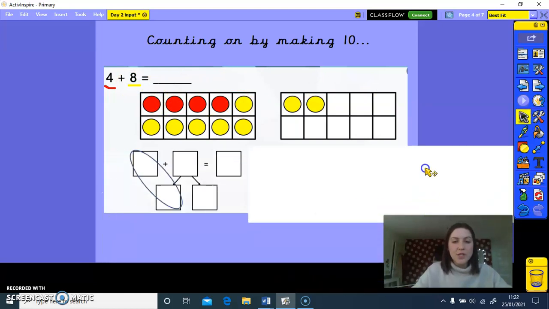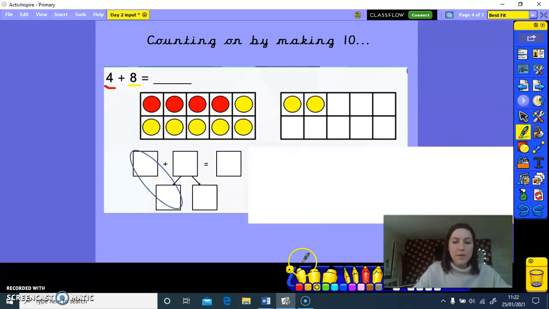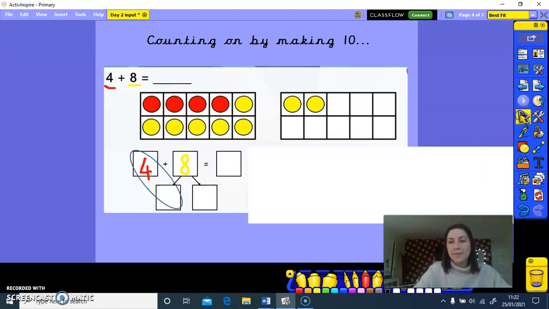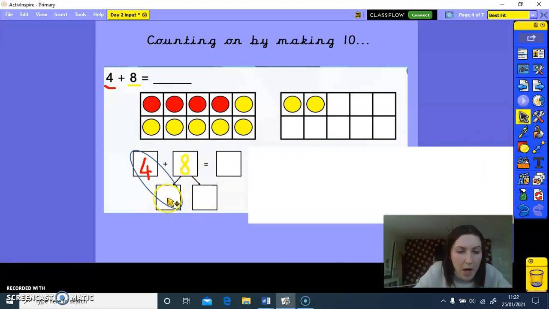So first of all, we just fill in this like we would normally. So my 4 will go first. I'm going to do it in red to help me remember because I have 4 red counters currently there. And I'm adding my 8, and my 8 is shown by yellow counters. Okay, so I want to do part of my 8 here that equals 10 when added to the 4.